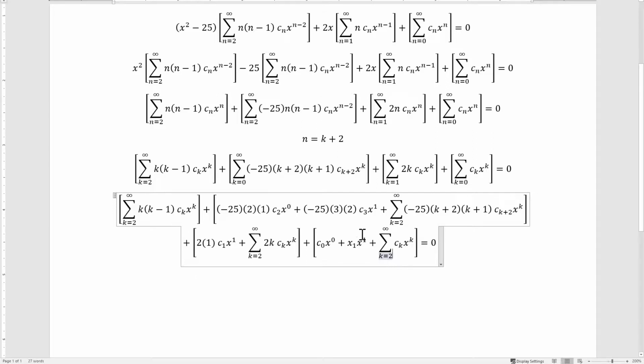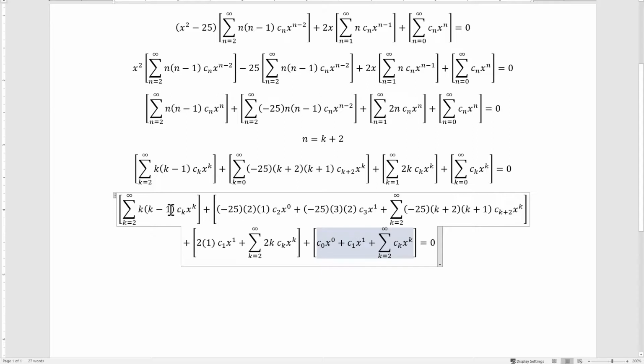All right, so we have constant terms, constant term, linear, linear, and linear. Oops, this should be a C. Let's try that again, C. And then the series, the rest of the series.